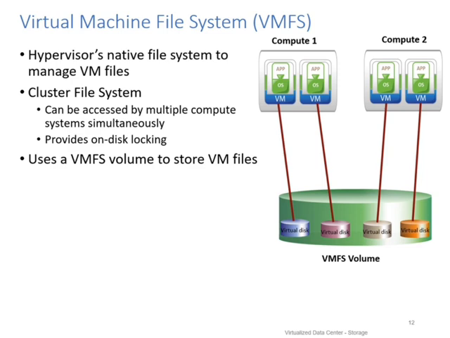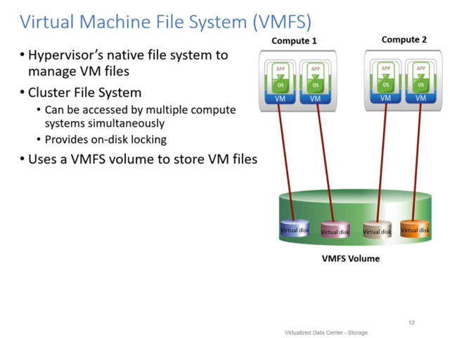It is a simple, efficient cluster file system that allows multiple compute systems to read and write to the same storage simultaneously. It provides on-disk locking to ensure that the same virtual machine is not powered on by multiple compute systems at the same time. If a compute system fails, the on-disk lock for each virtual machine running on the failed compute system can be released so that virtual machines may be restarted on other compute systems.